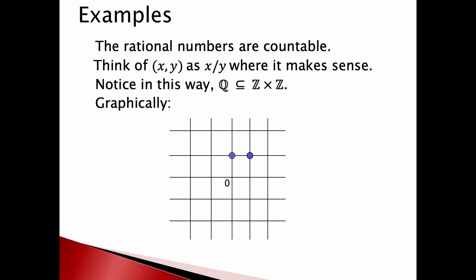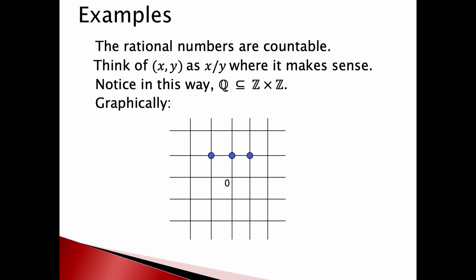Now, if I move over to the next spot, this is 0 comma 1, right? Well, 0 comma 1 is okay as a perfectly good rational number. I can't divide by 0, but 0 divided by 1 is fine. That's just 0. So there we go. I count that one. I stick a post-it note on that grid point. Okay, so now we move over to the next grid point, making our spiral.